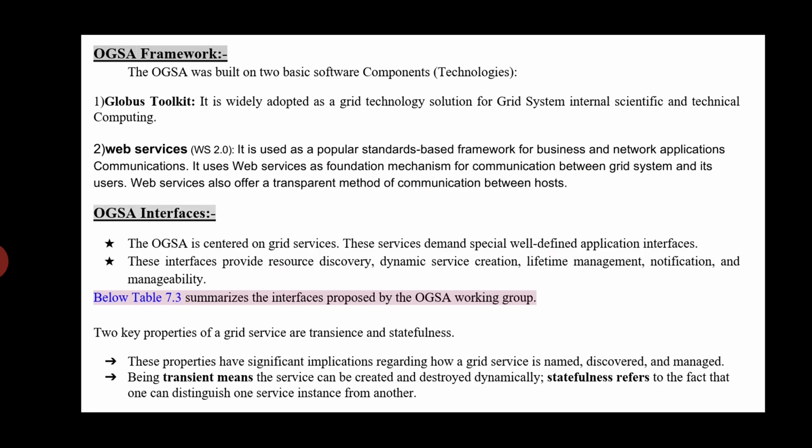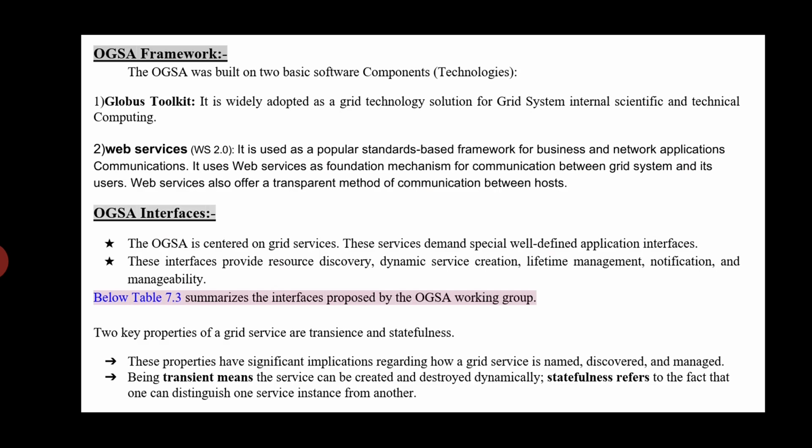These interfaces are supplied through resource discovery, dynamic service creation, lifetime management, notification and manageability. These are the services that demand special well defined application interfaces, and the interfaces provide resource discovery, dynamic service creation, and so on up to manageability.